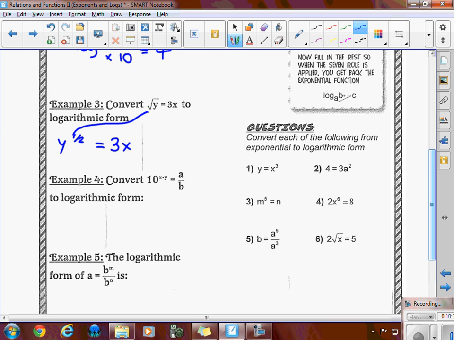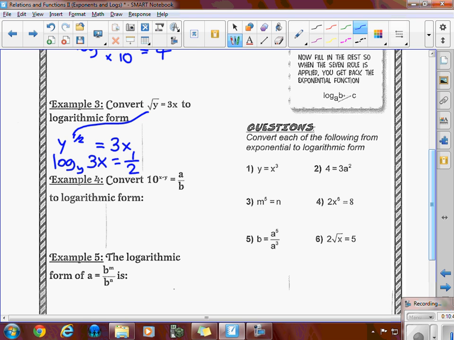Is my power isolated? Sure it is. So what is my logarithmic form going to be? Log of what? Log of y, because a base is a base, of 3x equals a half.